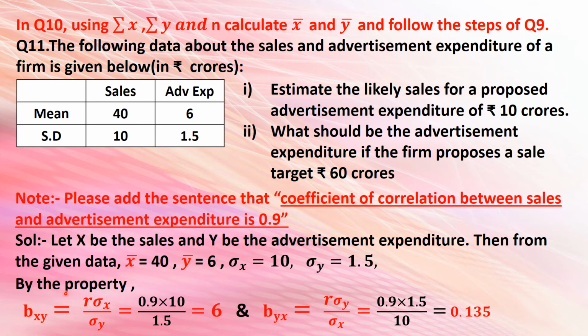Now by the property bxy is equal to r into sigma x upon sigma y, which is equal to 6 by substituting the quantities. And byx is equal to r into sigma y upon sigma x, and we get 0.135.